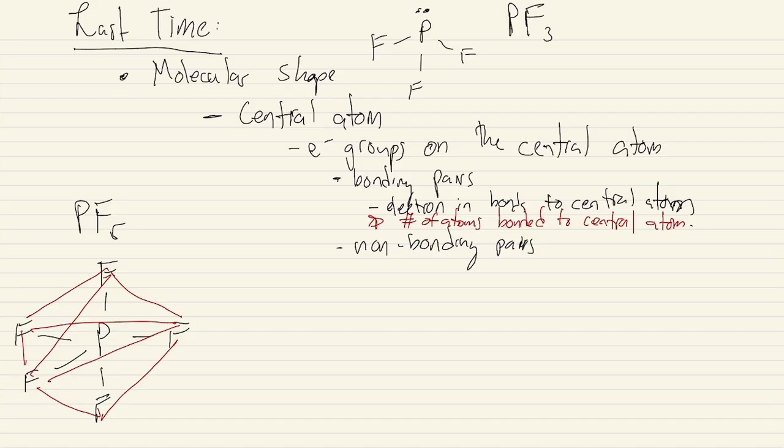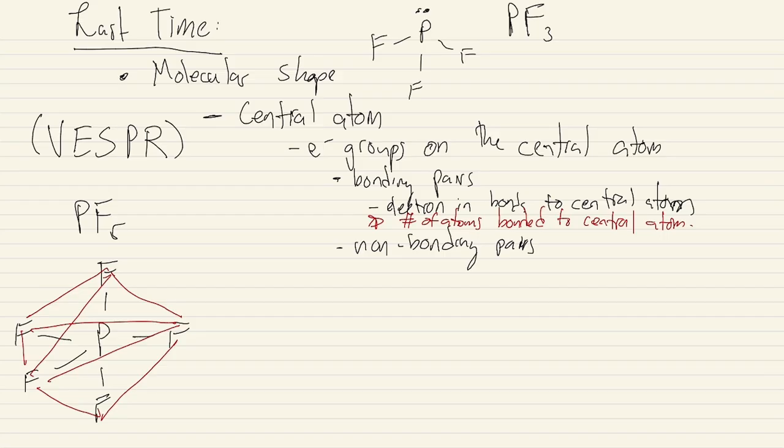So this is all under the acronym VSEPR, which was valence shell electron pair repulsion, right? So it's basically saying the repulsion of electrons is what guides the shape of molecules. And whether it's a lone pair or a bonding pair, those all have electron density, so those all should affect the shape of the molecule.